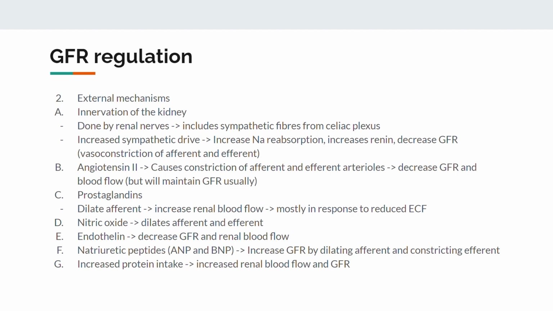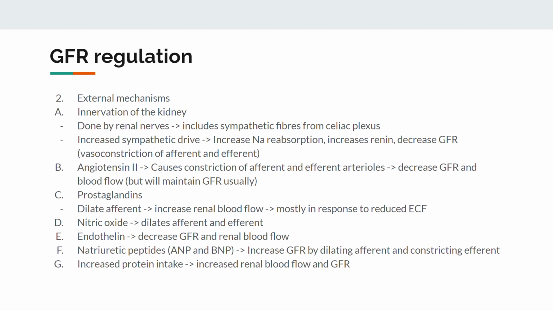You've then got prostaglandins. These affect GFR. They dilate the afferent and increase renal blood flow. It's mostly in response to hemorrhage or reduction in ECF. You've got nitric oxide, which dilates the afferent and efferent, so it's not really going to have a major effect on GFR. You've got your endothelin, which is going to decrease GFR.